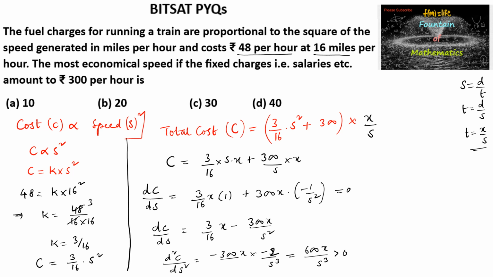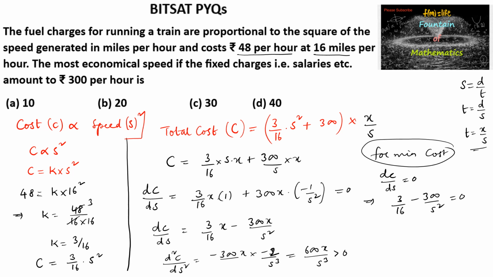And now for minimum cost, dC by dS is equal to 0, which implies 3 upon 16 minus 300 upon S square is equal to 0.